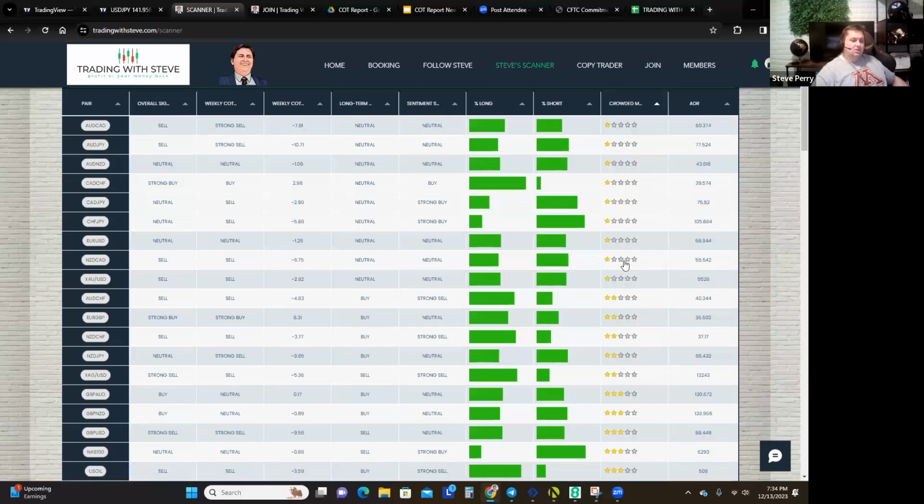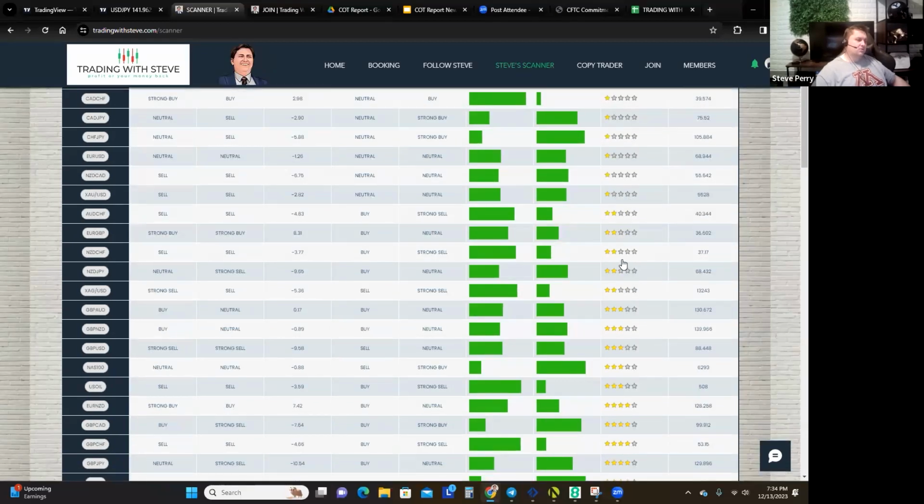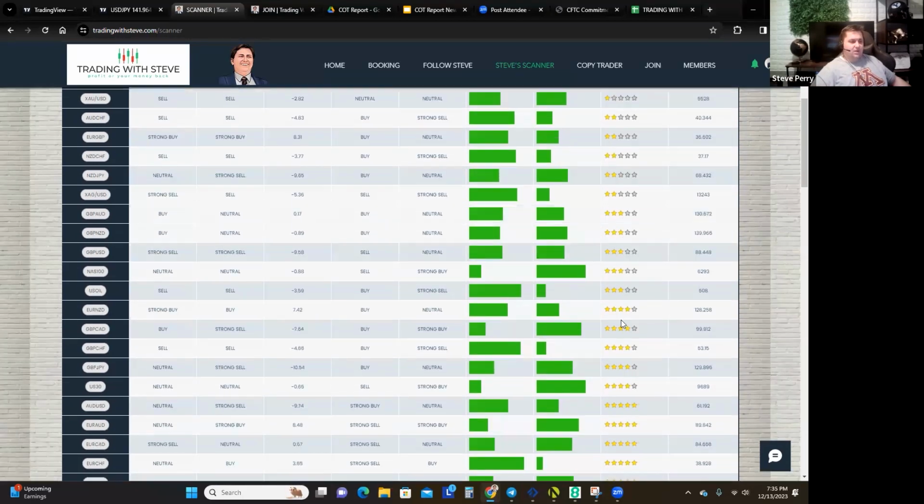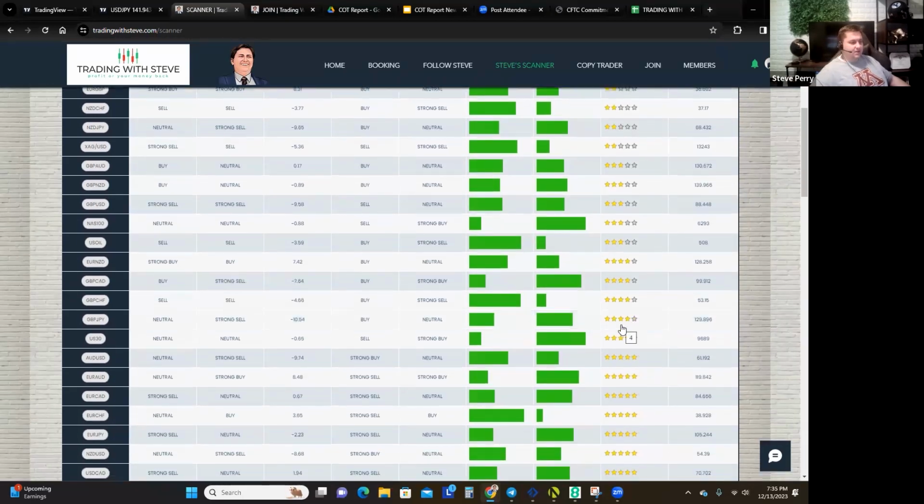When you see 2 out of 5 stars, the banks are starting to accumulate a position, or they're not quite certain what they want to do yet. 3 out of 5 stars, same thing. Even 4 out of 5 stars is similar.